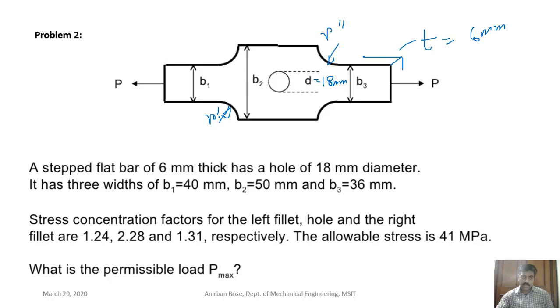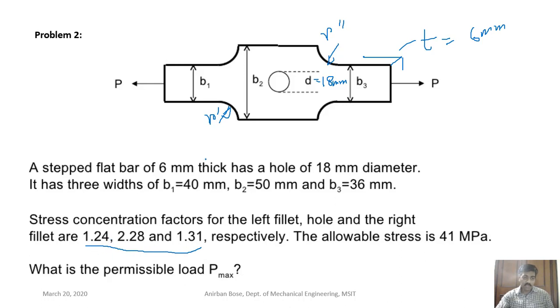Actually these radius of curvature values are not given. If those are given, then from the charts we know how to calculate the stress concentration factor, but here it is in your favor that you need not refer to the chart, you can directly get this value. So these are given in the problem.